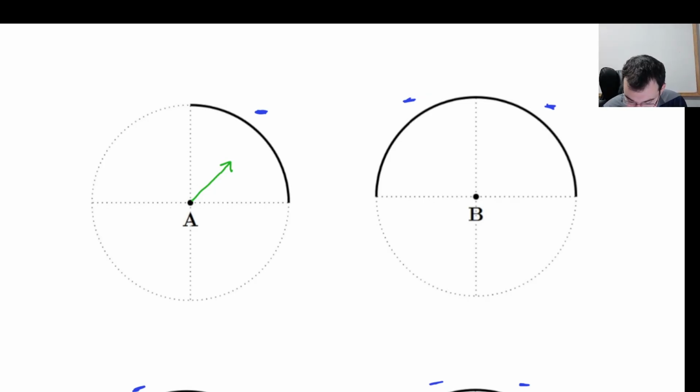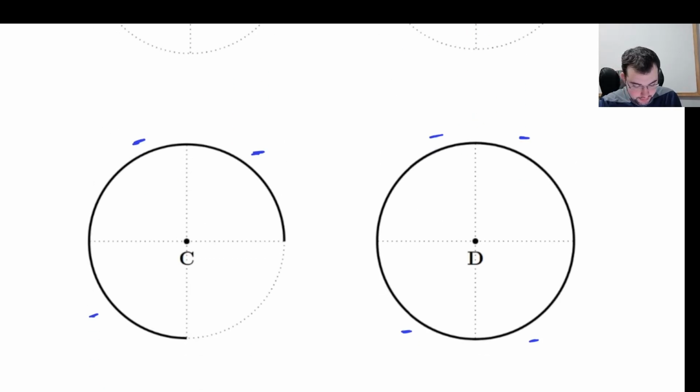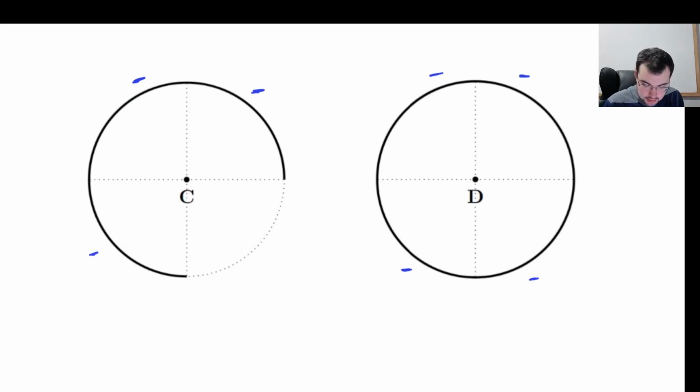But in B, we have that arc and its neighbor to the left. These are going to add to give me a net field that's upwards. So it's going to get stronger from A to B, with these vertical components adding up. Then for C, we're always going to get pulled towards the center of these arcs, but the addition of the new arc actually cancels the first original one, so C gets canceled out slightly.